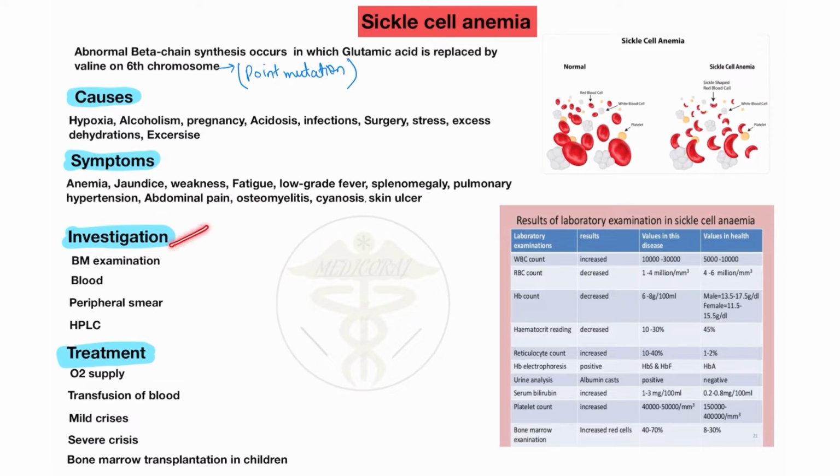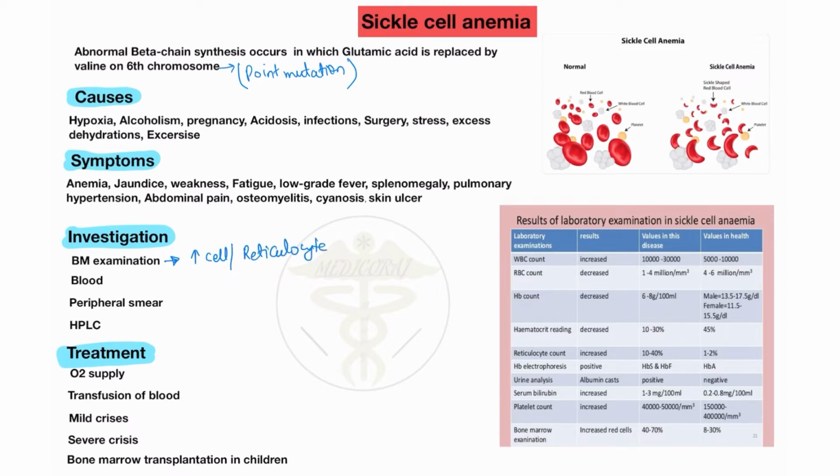What is the investigation by which you will find the patient has sickle cell anemia? First of all, bone marrow examination: you will see an increase of cells. Reticulocyte count also increases in the patient.